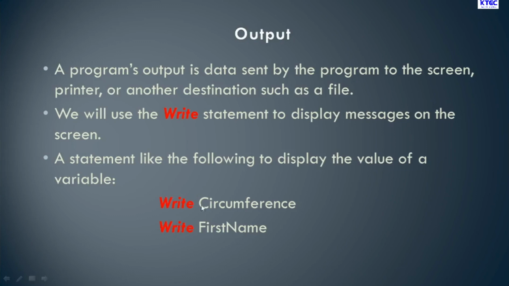You say write circumference, so the computer understands: display the circumference for the user to see. If you declare a variable, say first name is equal to input, enter your name, and you say write first name, then it will display the name of the user, because the name is stored inside the variable. We'll see more of that.